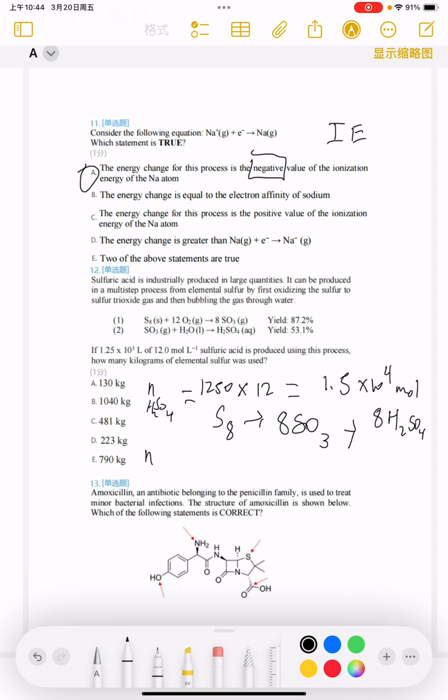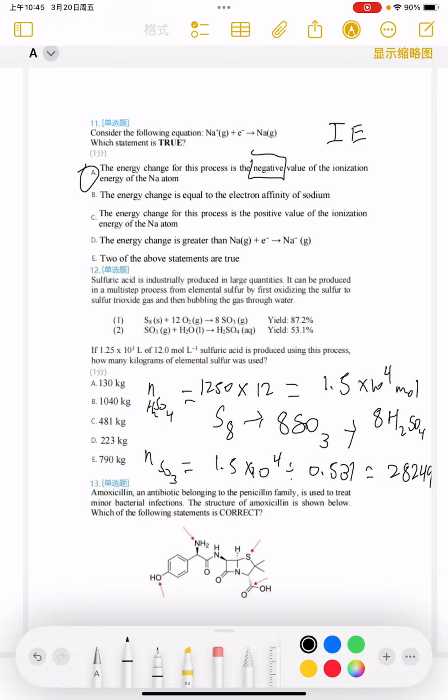So n of SO3 would be equal to 1.5 times 10 to the 4th divided by the yield rate, which is 0.531. And this would give us this many moles.